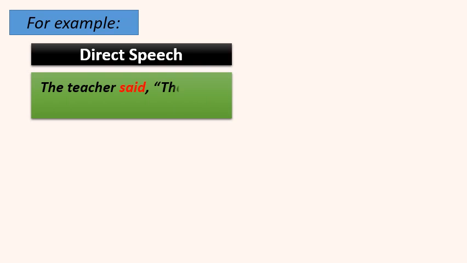Number 1. The teacher said, "The earth revolves round the sun." So as you can see, the earth revolves round the sun is here the reported speech. According to the exception to rule number 2, the reported speech contains a universal truth.